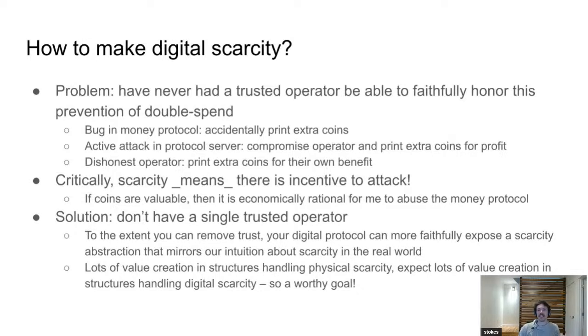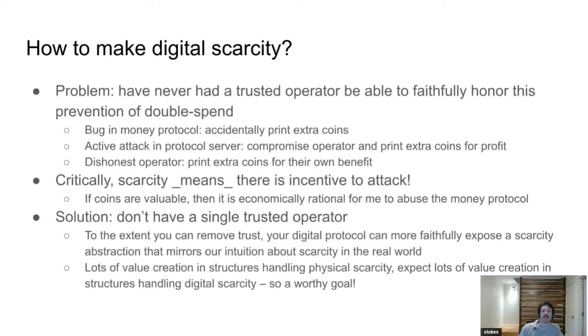We want there to only be the number that they claim, and it's a bug if somehow there's more. The fact that there's a single operator, a central server coordinating all this, is also an issue on the security front, because there could simply be an active attack, right?